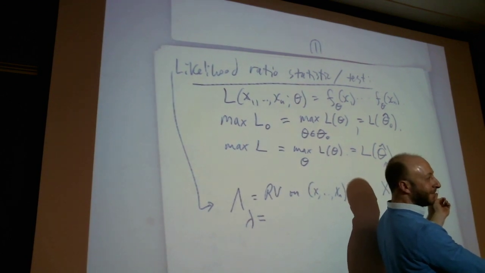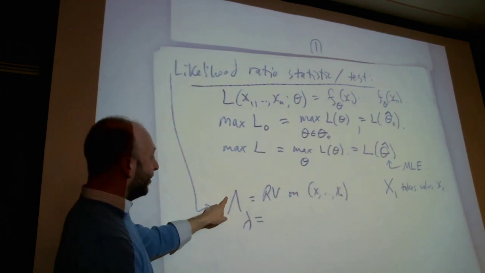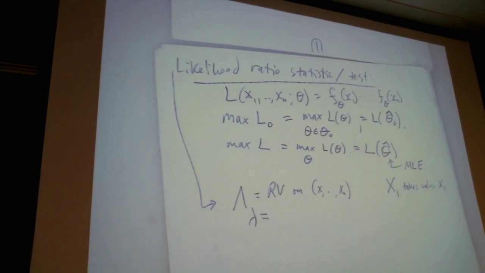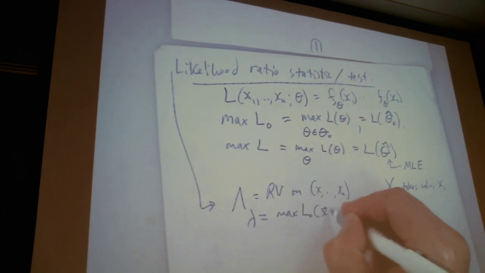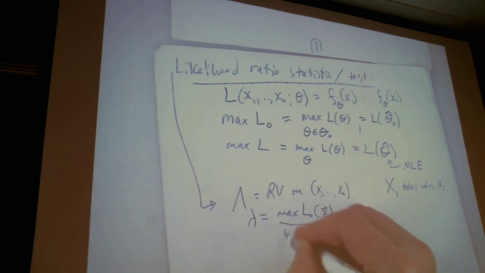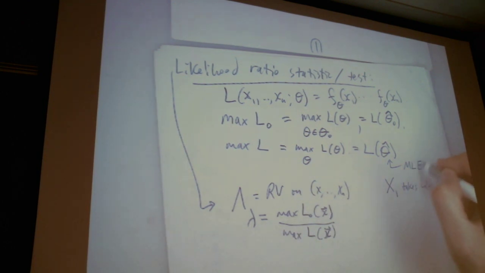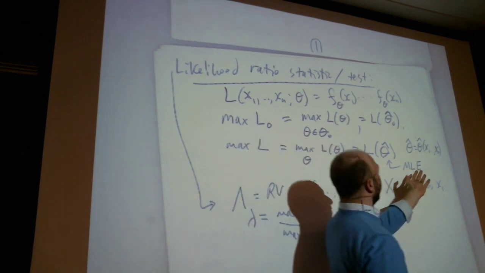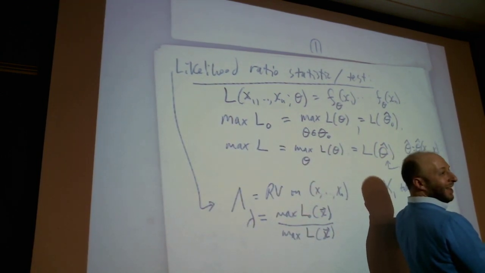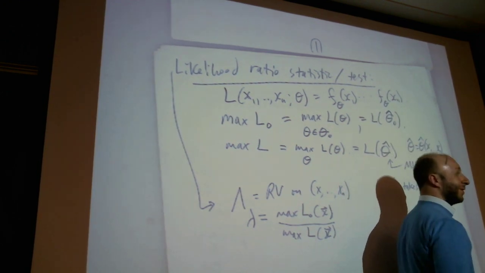These are functions of the outcomes. The outcome of that random variable is just the ratio of max L0 of whatever I saw divided by max L of whatever I saw. Remember, the maximum likelihood estimator is itself a function of what was seen. Maybe it's x bar. What you saw determines what x bar is, even though x bar as a random variable is just a random variable. Hopefully I'm not confusing you.